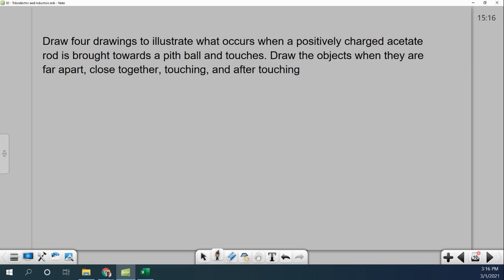So let's draw some drawings here. Let's try this. Illustrate what occurs when a positively charged acetate rod, so we got a positive rod, is brought towards the ball and they touch. So, neutral ball. That's step 1. That's when they are far apart. Step 2. Let's bring them close together.